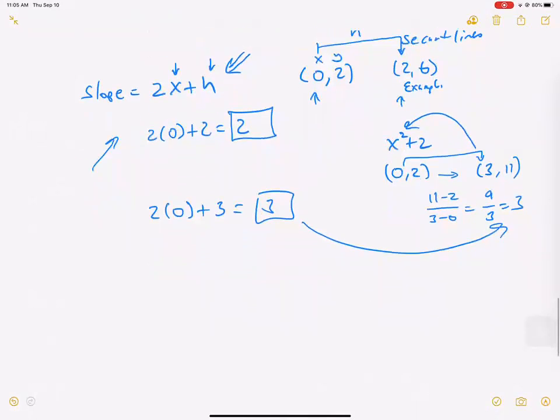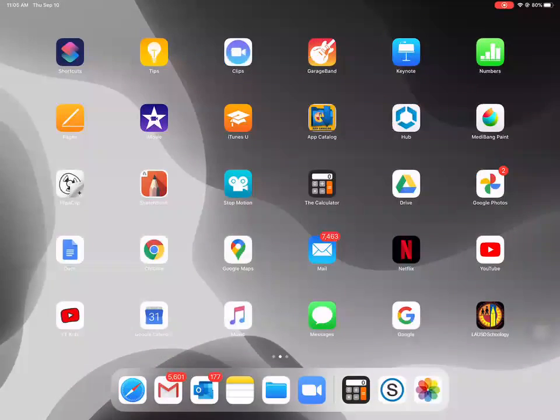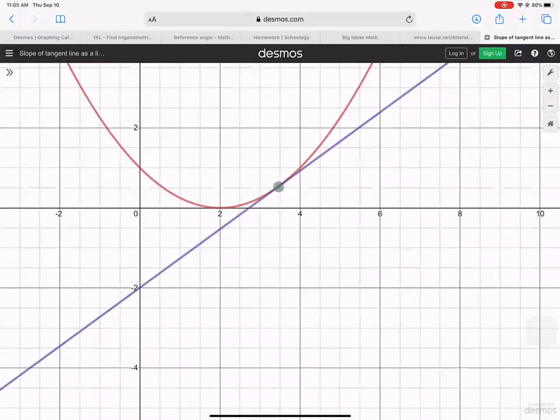But when we're talking about tangent lines, how far is the second point? How far was the second point to end up with this tangent line?